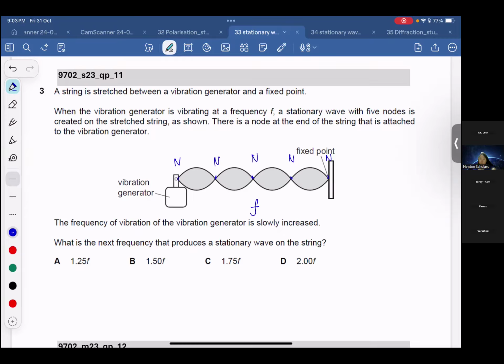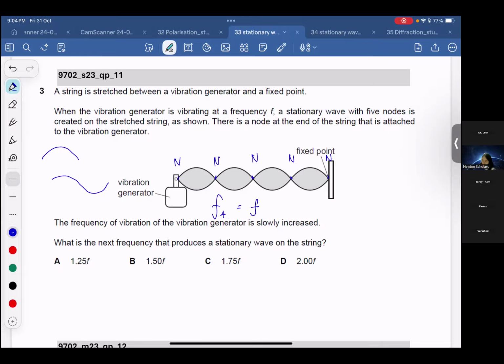Can you tell me what harmonic this is? What number of harmonic? This is called the first harmonic. This is called the second harmonic. So how many harmonics is this right now? Correct. So this one actually is the fourth harmonic, right? That means that here f4 is actually f.